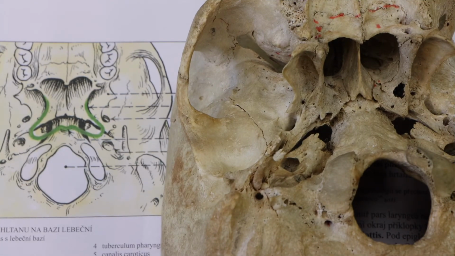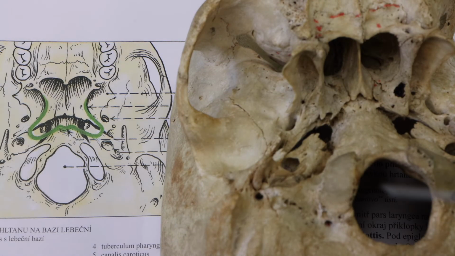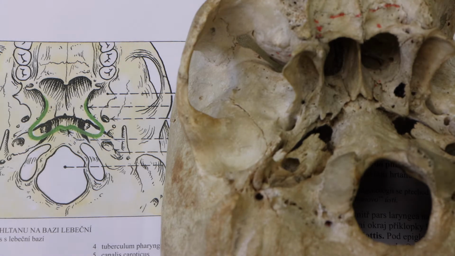The cranial extension of the pharynx, as we said, is attached to the external cranial base and is called the pharyngeal fornix. This green line that you see in this picture determines the place of the cranial attachment of the pharynx to the external cranial base, which is called the fornix pharyngis.